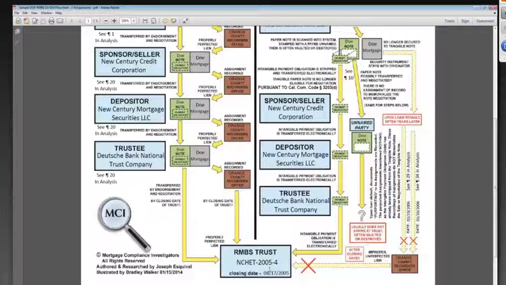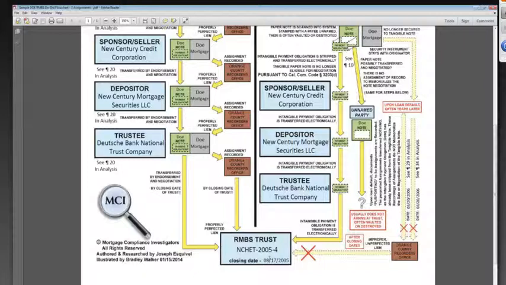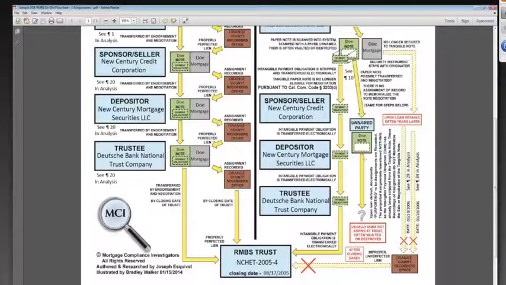Again, the assets being the transferable records, which fall under Article 8, not Article 3. All right, so what has happened? Usually this note does not arrive at the trust. It's often vaulted or destroyed.